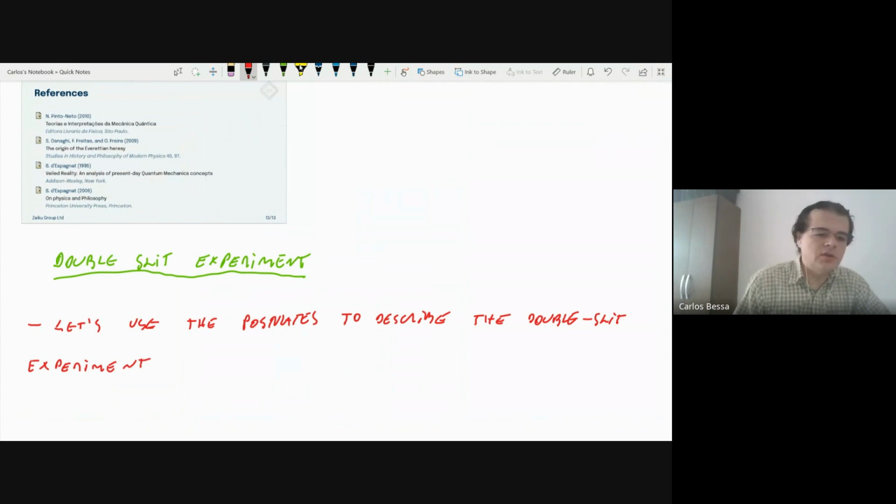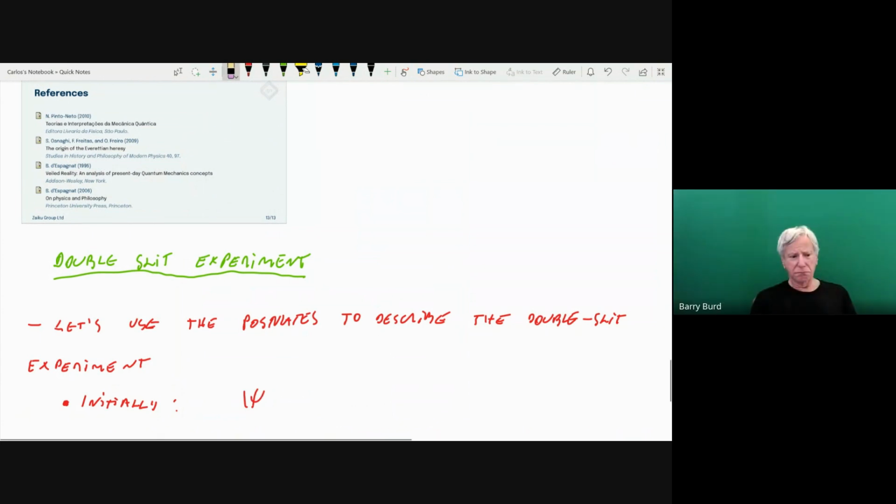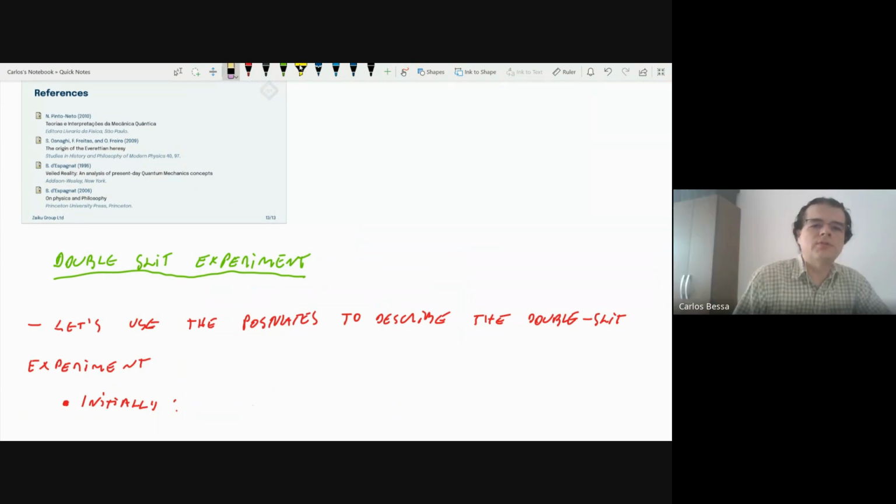So initially, we have the state psi for one electron, okay? When I'm saying electron, again, it could be a photon, an atom, or whatever.